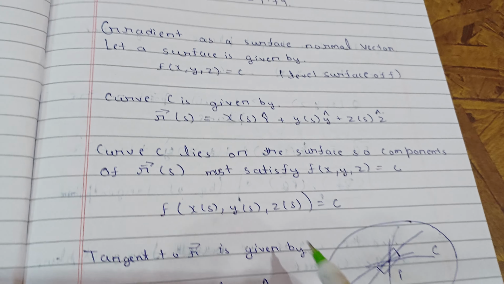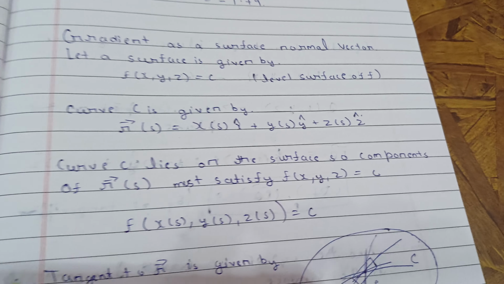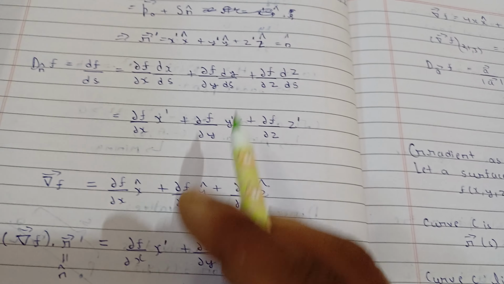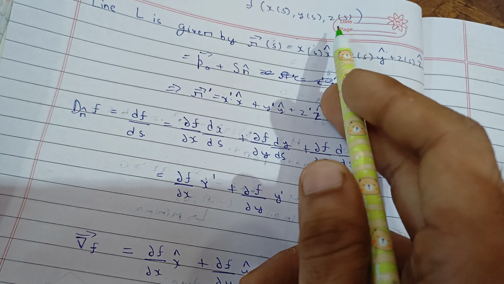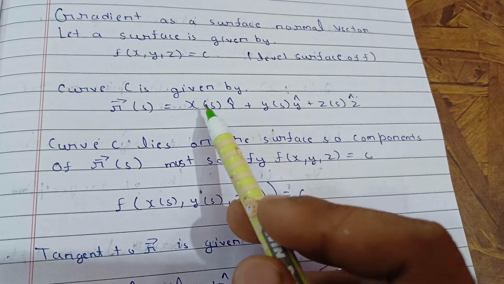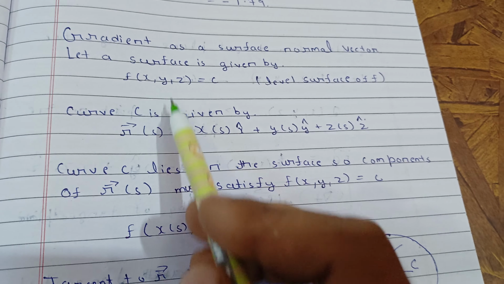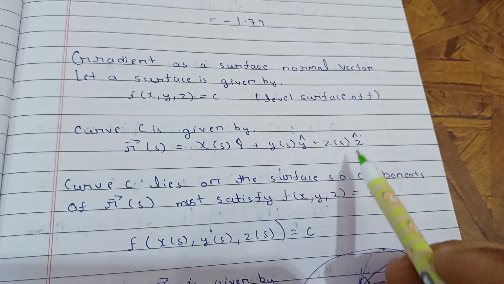So if curve C is given by this form r(s) = (x(s), y(s), z(s)), we already discussed this here, that we can define any curve in this form. This was your function for the curve. So if this is your curve, then these coordinates will satisfy this function also because this is for the surface. Now substitute x(s), y(s), z(s).